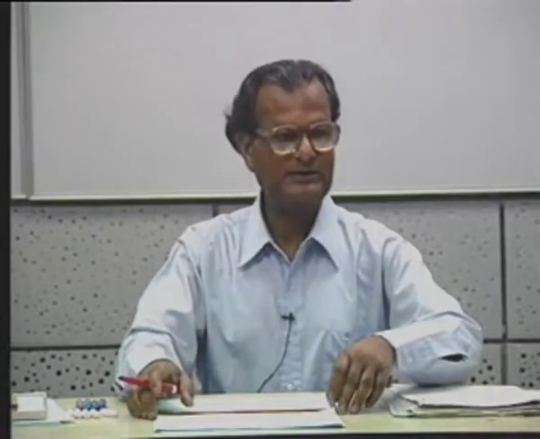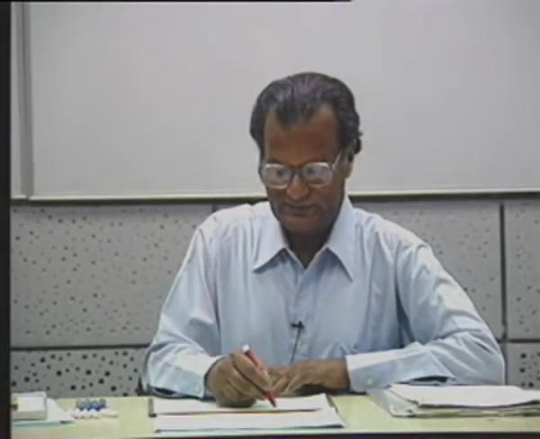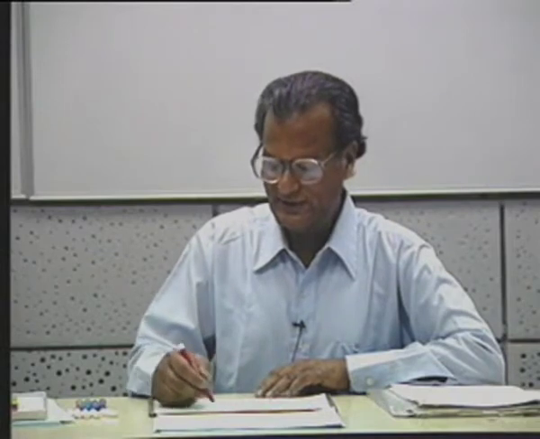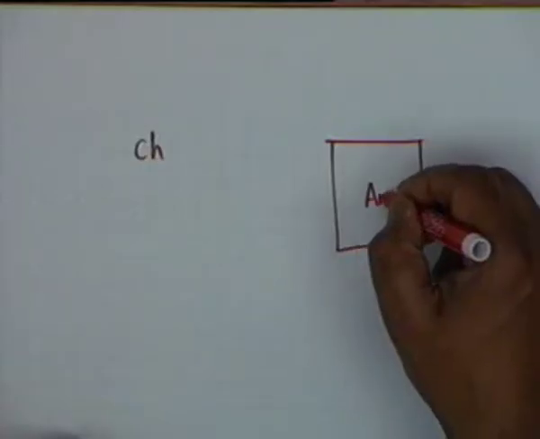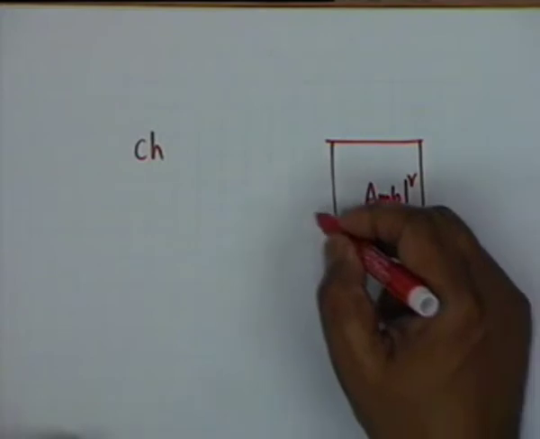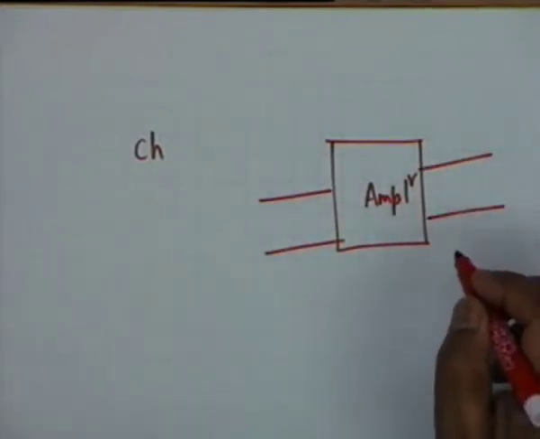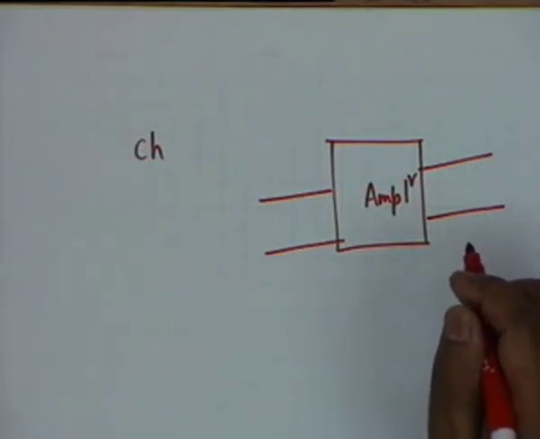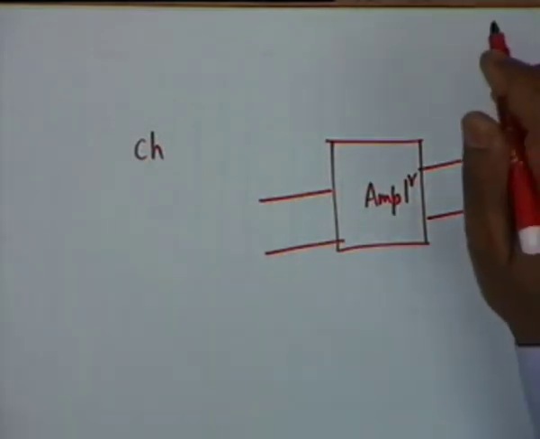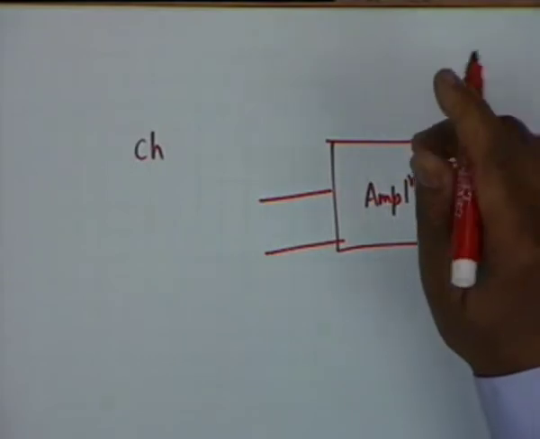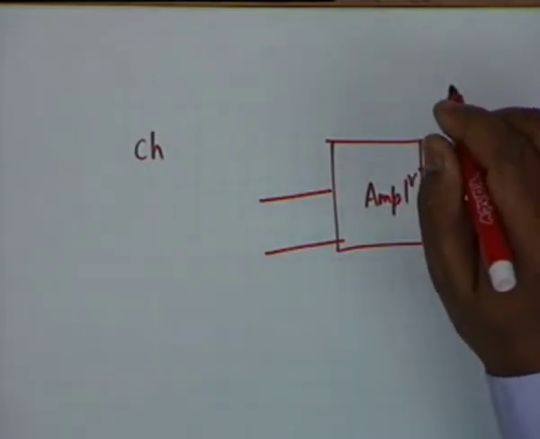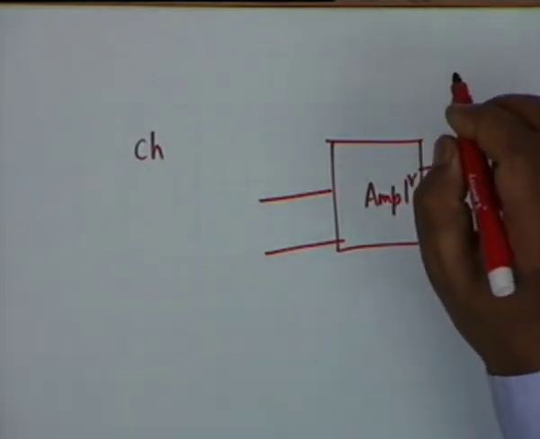How do you characterize amplifiers? Now we consider an amplifier as a black box. There are input terminals, there are output terminals, and mostly amplifiers are characterized by sinusoidal inputs, and therefore one can work in terms of phasors.